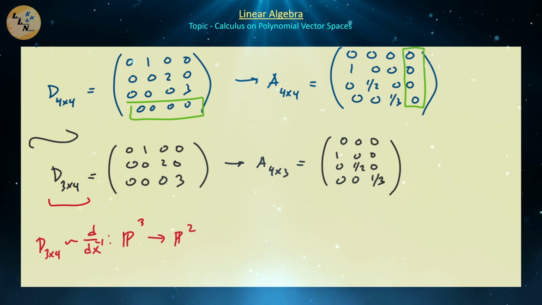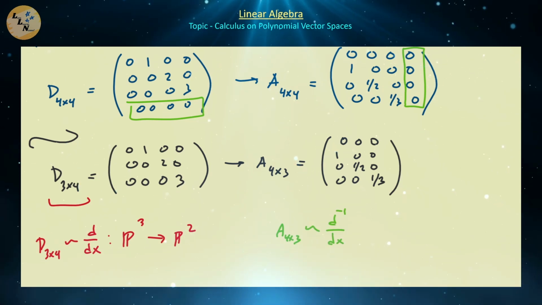And the other direction, which would be a 4x3, which is isomorphic to, for example, the anti-derivative operator, or some people will write it as an integral, which will send P2 to P3. Right? And those are how you construct, for example, these particular matrices.